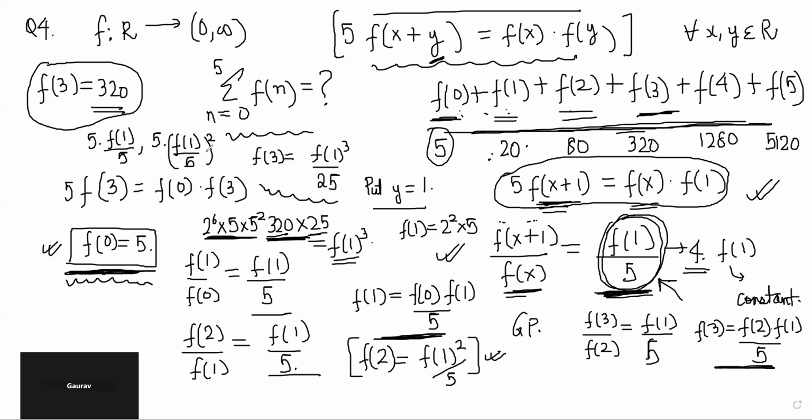And from there only I got this f of 1 whole cube by 25 is equal to f of 3, which is given the value. So I know the value of f of 1 now. Once you know f of 1, it's over. Every term will be found. Correct? Okay.